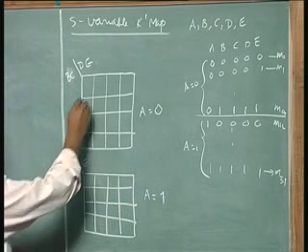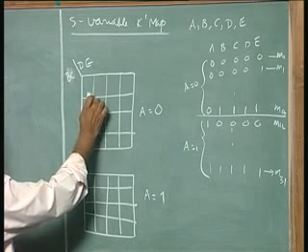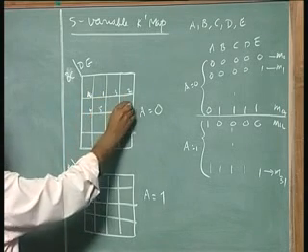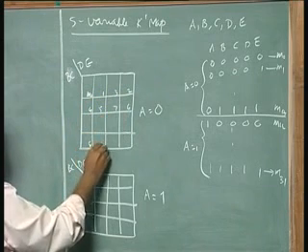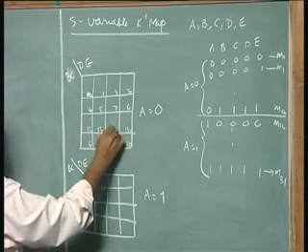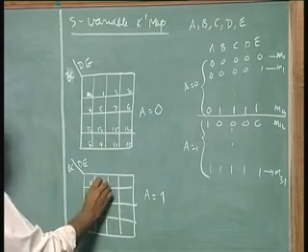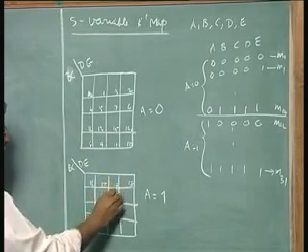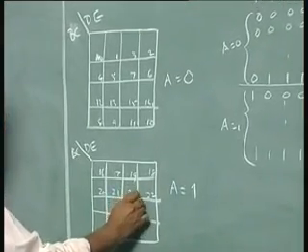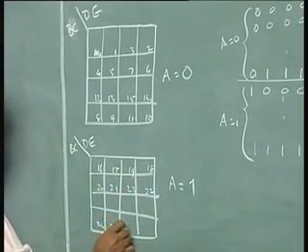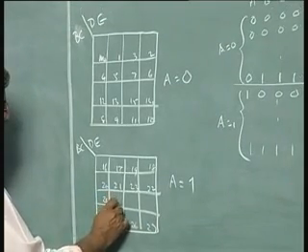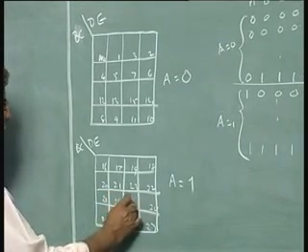Now, the minterms will be M0, 1, 2, 3, 4, 5, 6, 7, 8, 9, 10, 11, 12, 13, 14, 15, 16, 17, 18, 19, 20, 21, 22, 23, 24, 25, 26, 27, 28, 29, 30, 31.